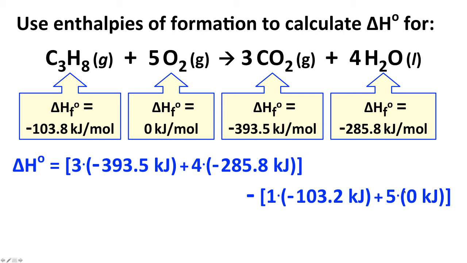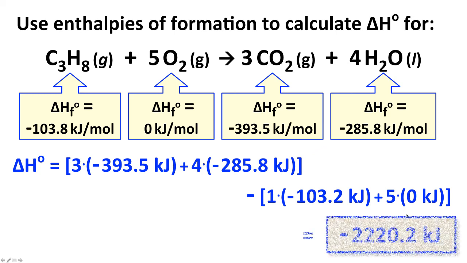If it wasn't 0, we'd be multiplying it by 5. Since it is 0, it doesn't matter, but we multiply whatever the delta H of formation is by its coefficient of 5. When we do that, we get negative 2,220.2 kilojoules for the delta H for this reaction. So it's pretty straightforward. You look up delta H of formation values, use the formula and the stoichiometric coefficients, and pay attention to doing the math right, significant figures, and units. It's pretty much plug and chug.